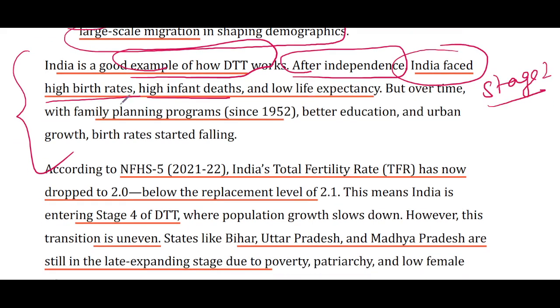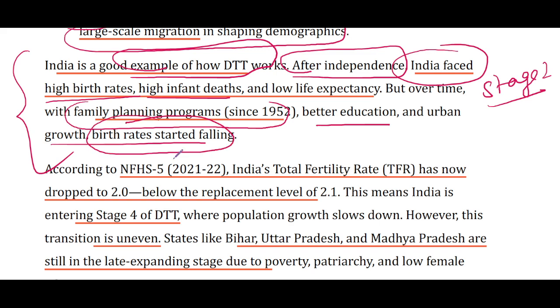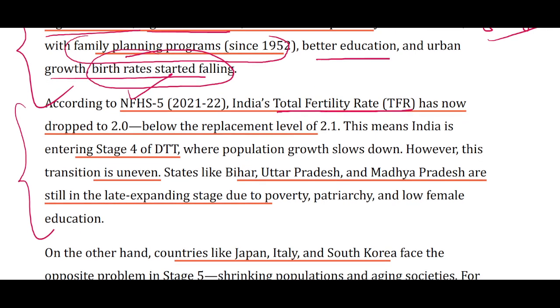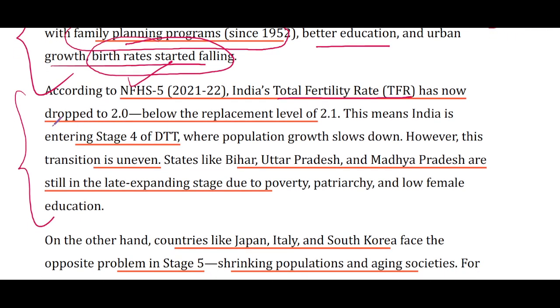But over time, with the introduction of family planning programs, better education, urban growth, medical facilities, and sanitation, birth rates started falling. And according to the latest National Family Health Survey, round 5, NFHS 5, India's TFR, total fertility rate, has dropped to 2.0, below the replacement level of 2.1.